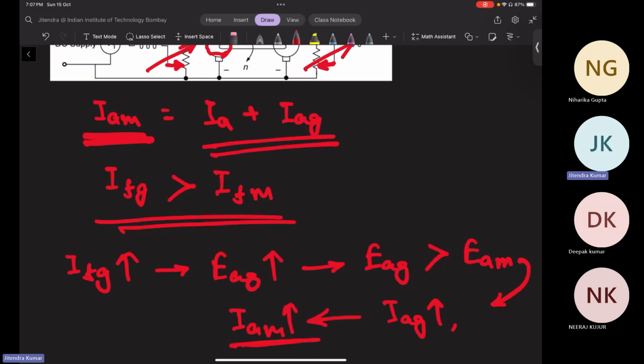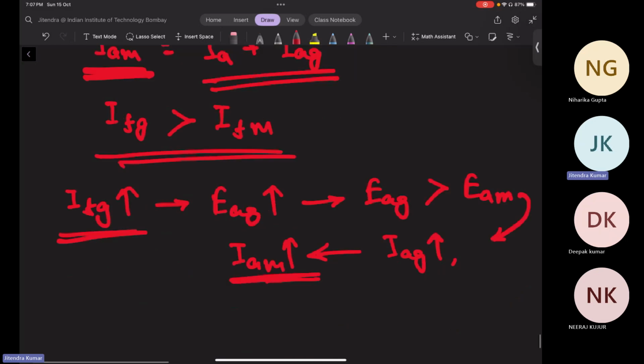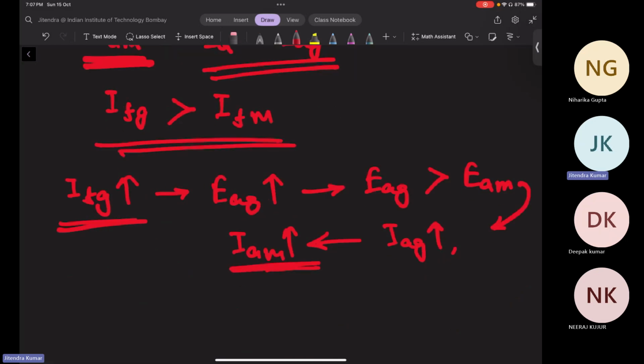So if you keep the excitation of the generator higher than the motor, some part of it will be supplied to the motor. So you can see that you are increasing the field of the generator and the armature current of the motor is increasing, right? And another thing is, even if you reduce the field current of the motor, what will happen?